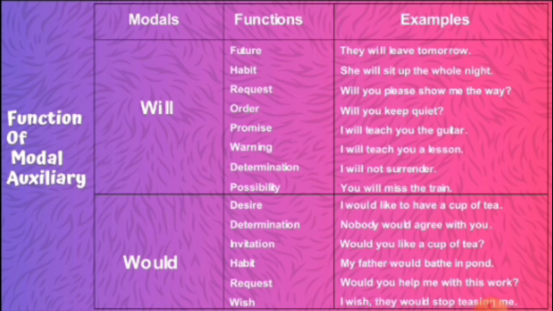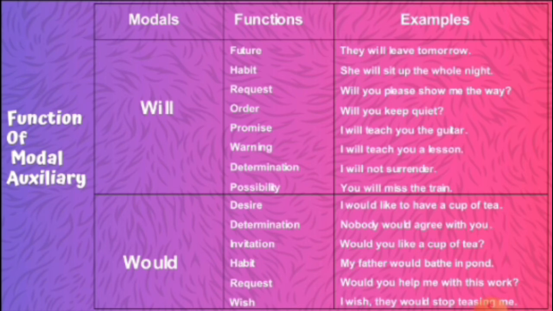Now would is considered the second form, or past form, of will, and there are n number of usages of would. We can use it in the present tense as well, but when I say, I would suggest, it means very near future, so we can use would as well.